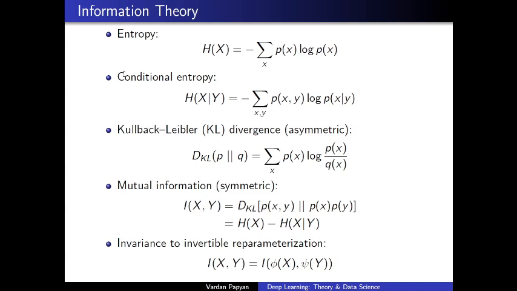Okay. The conditional entropy is the usual entropy, but we condition on y, so it is minus the sum over the joint distribution of x and y, p of x and y times the log of p of x conditioned on y.